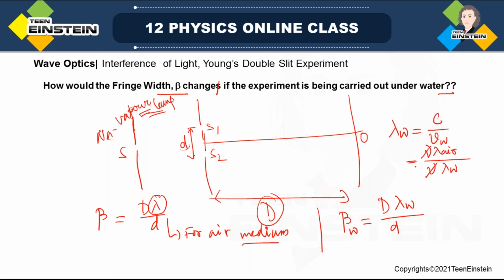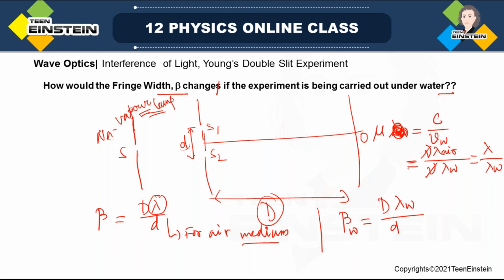Nu doesn't change, frequency does not change when light goes from one medium to another. Only the wavelength changes because the speed of the light changes. This is due to the refractive index, mu.